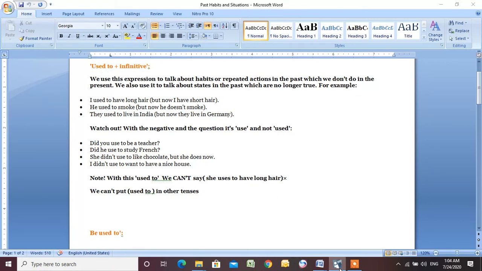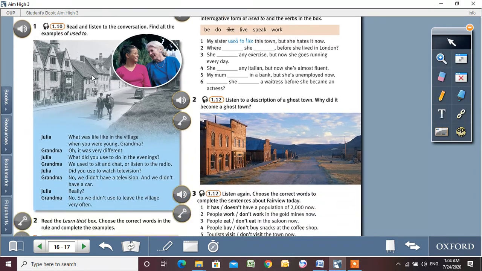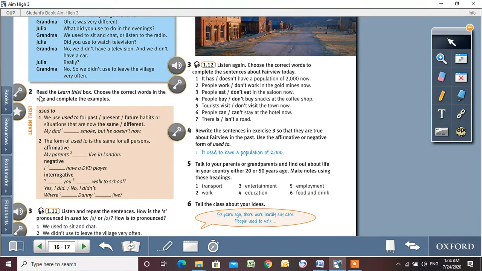Now let's take a look at your book. We will answer exercise 2. Read the learn this box, choose the correct words in the rule, and complete the examples. Okay, used to, number one.